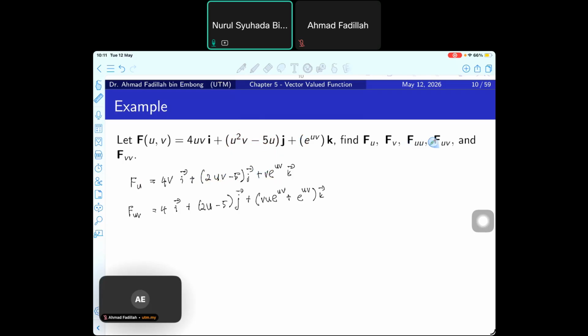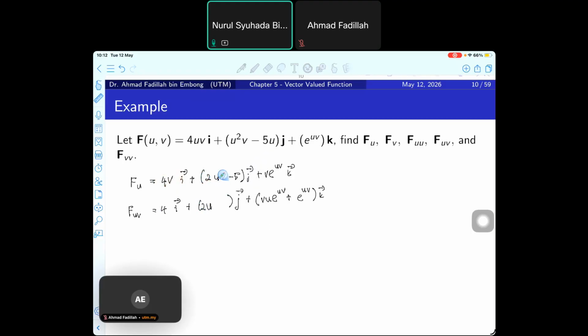Okay, now let's say that we want to compute this part. F_u, and the next one is with respect to v. So differentiating this part with respect to v is equal to 4, and differentiating with respect to v over here is equal to 2u. Sorry, this part should be equal to 0. There is no more negative 5. So this is the right one.